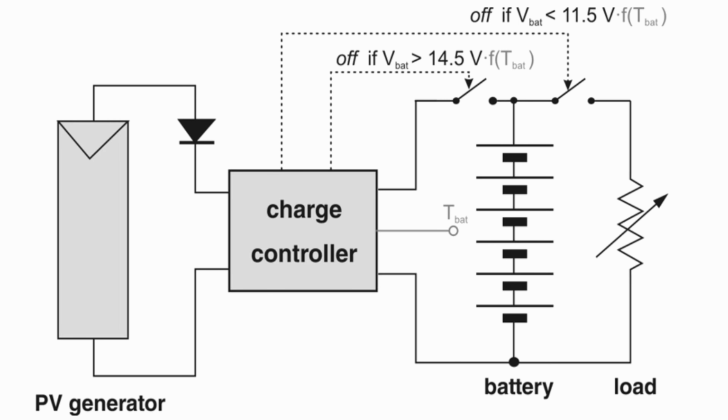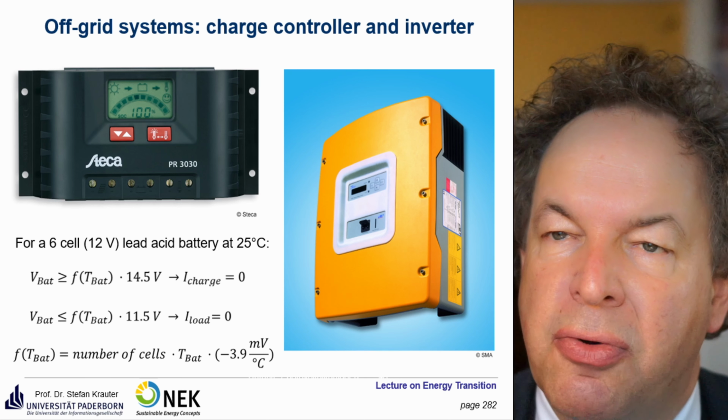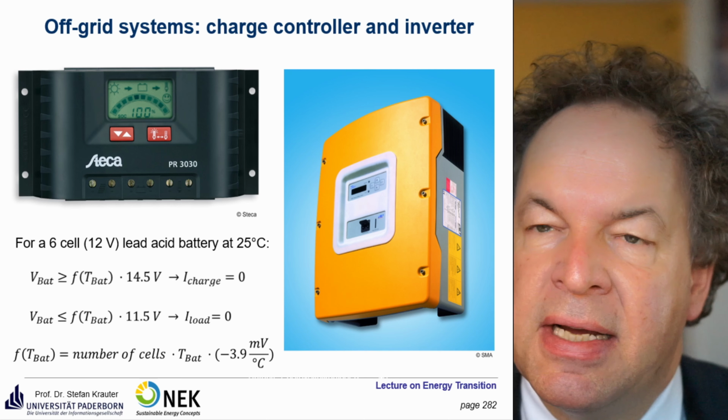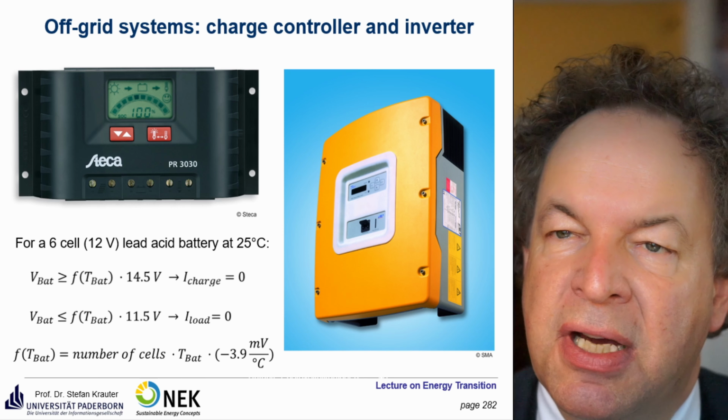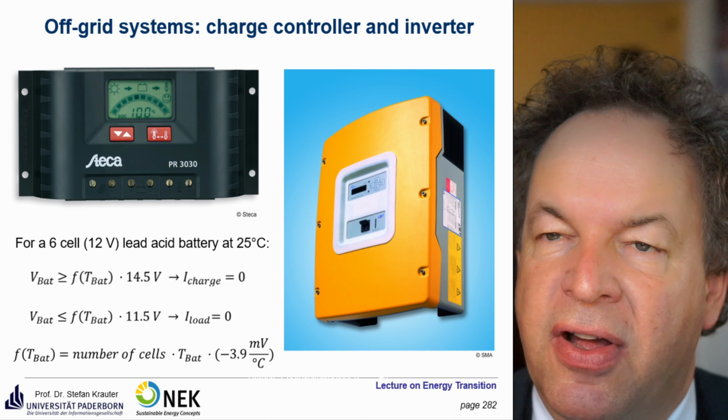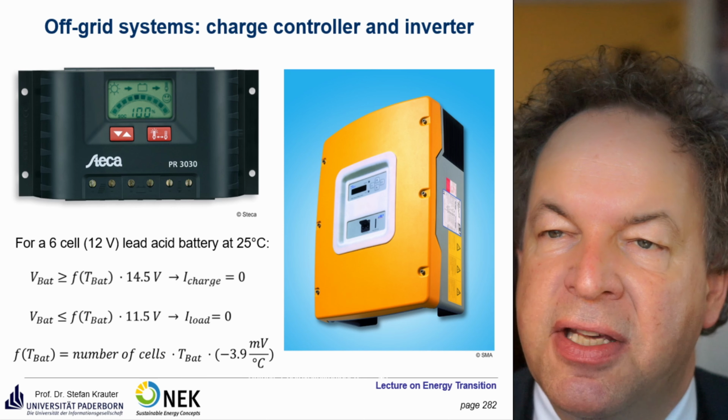Here are some examples. On the left side you have a charge controller function, as I mentioned already. If the voltage is above 14.5 volts, then the charge current would go down to zero. And if the voltage is below 11.5 volts, that would be in danger of having a deep discharge, which drastically would reduce the lifetime of the battery.